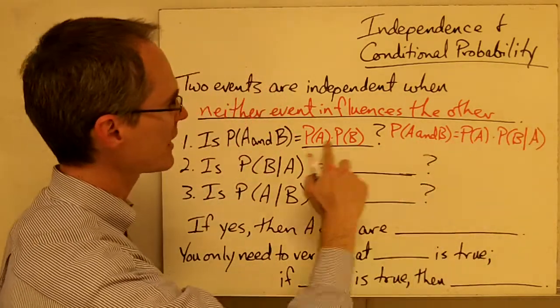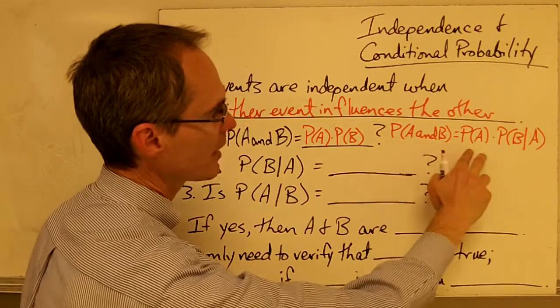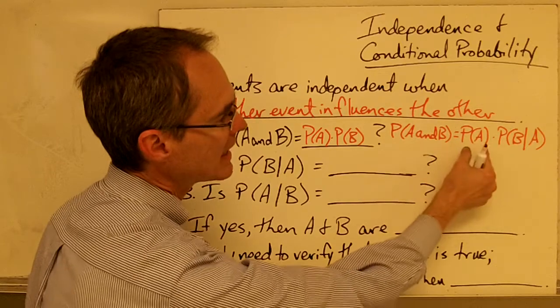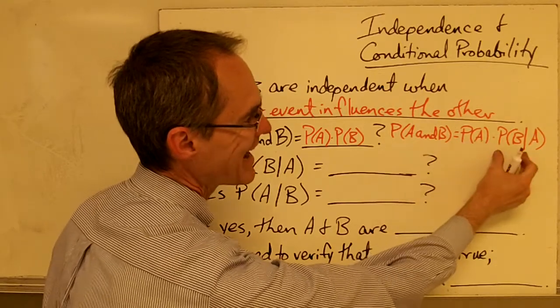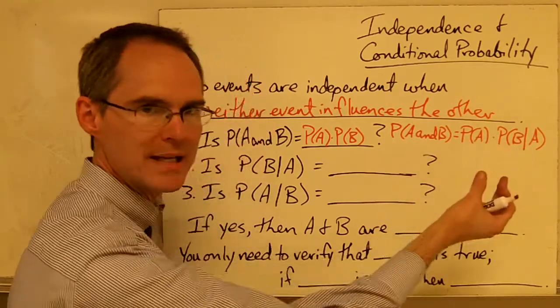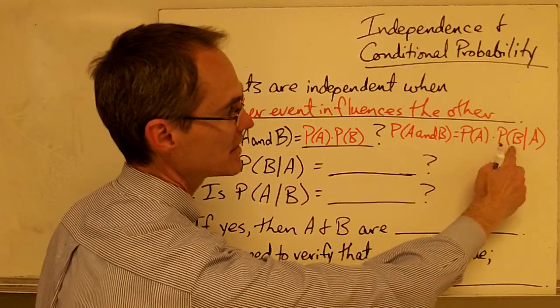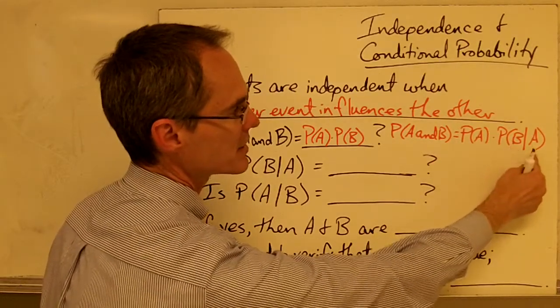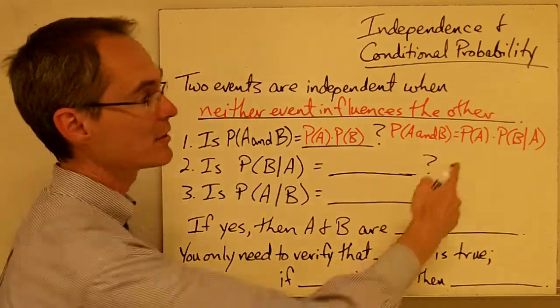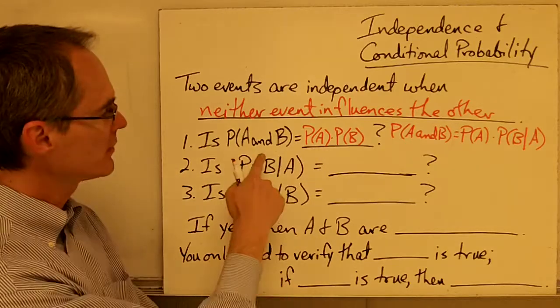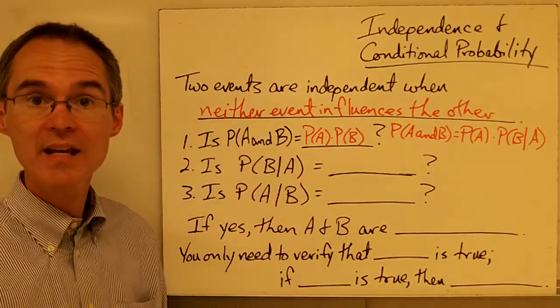Well, this is just a way of saying that if the probability of A and B equals the probability of A times just the probability of B, then you know A and B must be independent, because in that case the probability of B doesn't depend on what happened in event A. Right?